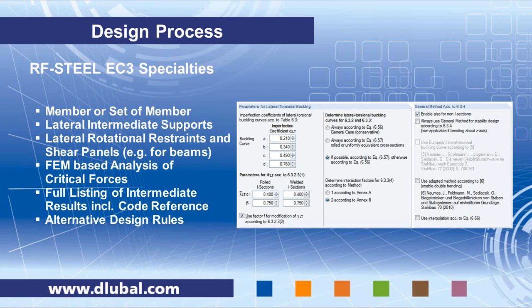There are some limitations in the general method of EC3, and for example, you cannot use this general method for double bending, which is quite often needed during the design process, and we have already included those provisions that are published in recognized magazines in RFSteel EC3, so you can already now use what may be the future code solution.